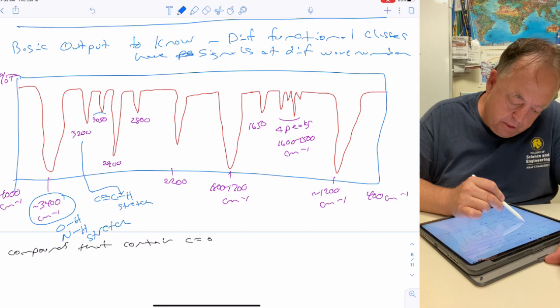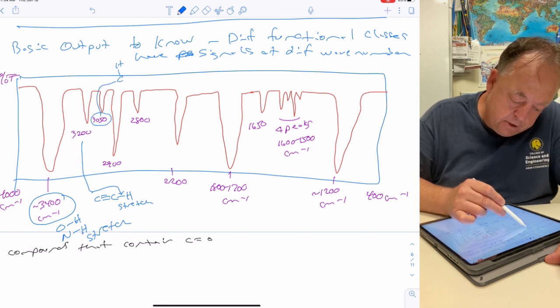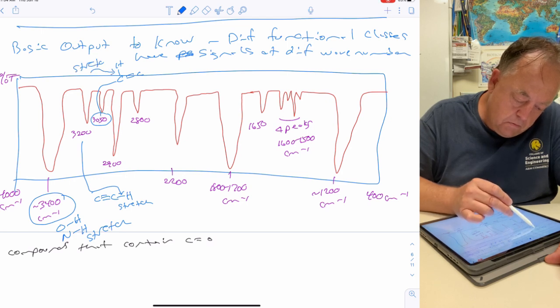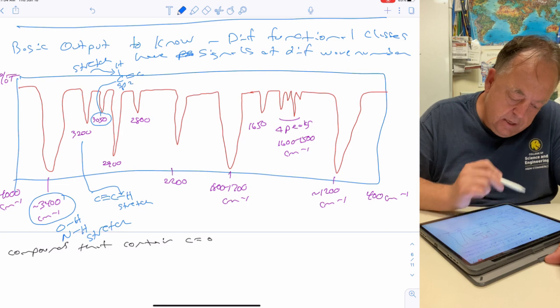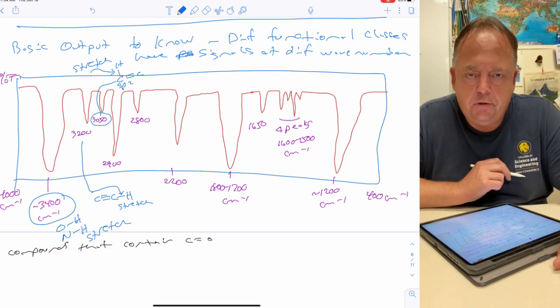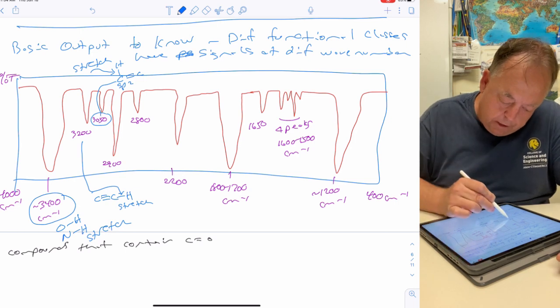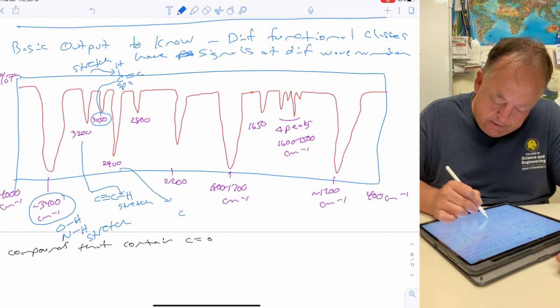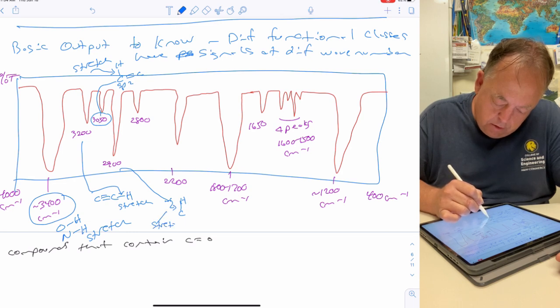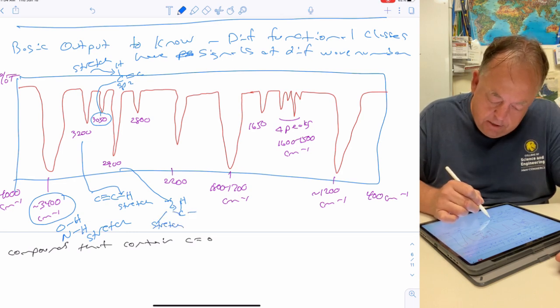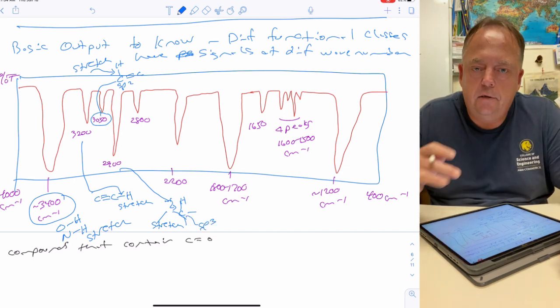If you see a peak at 3050, again, this is the energy required to stretch a carbon-hydrogen bond. But in this case, the hydrogen is attached to an sp2 hybridized carbon. Around 2900 is again the energy required to stretch a CH bond, but in this case it's an sp3 hybridized carbon.